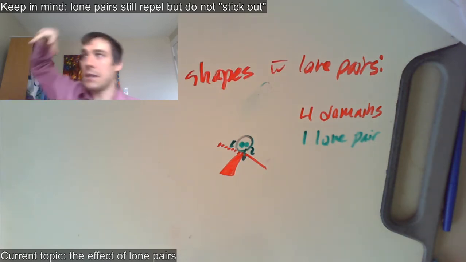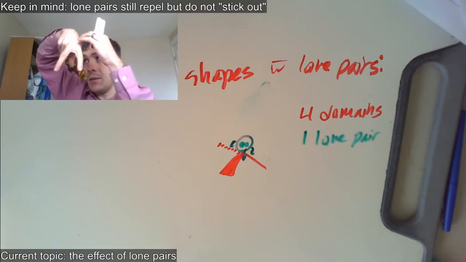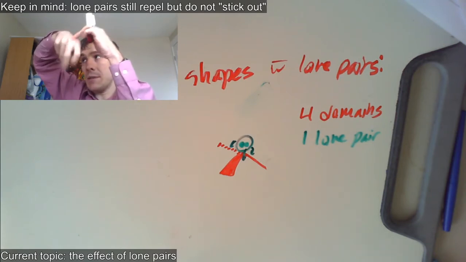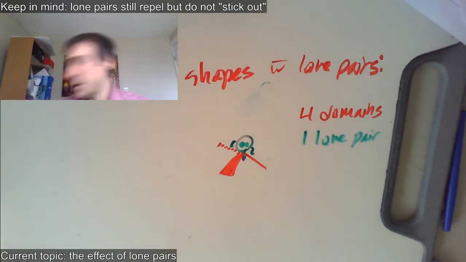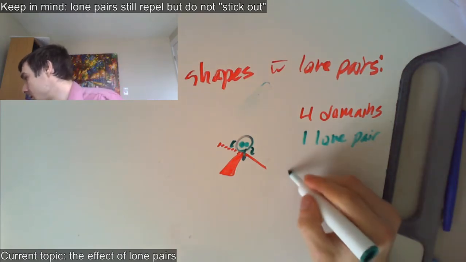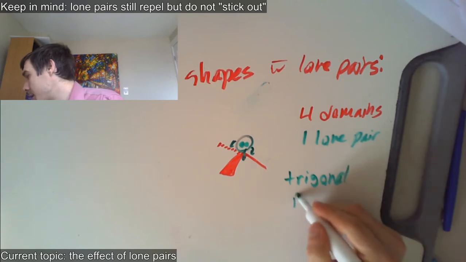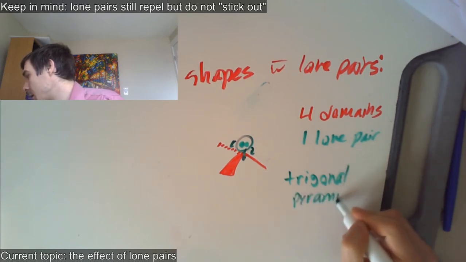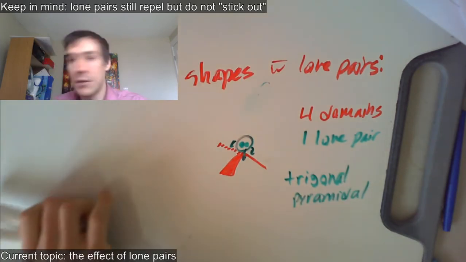So it's going to keep that kind of shape that looks like a tripod with a lone pair that's just pushing down all these bonds. So you can think of it as a trigonal planar that has been pushed down. And we call that trigonal, still trigonal, but pyramidal. Okay, so just a trigonal pyramid because it looks like a pyramid.